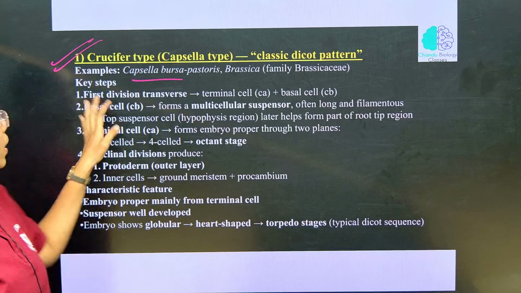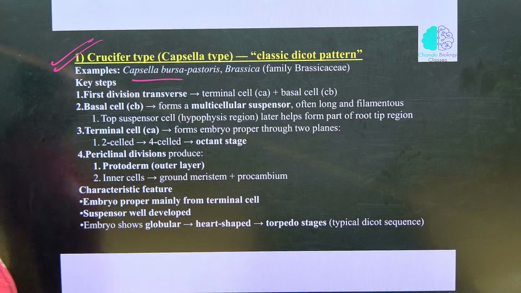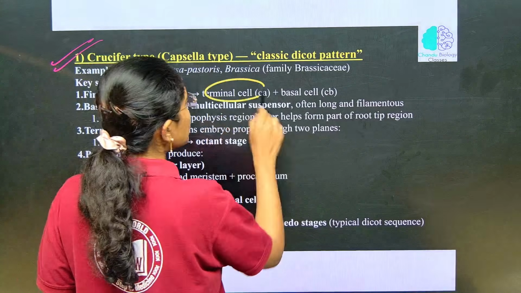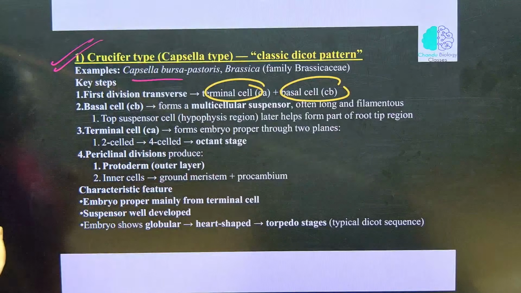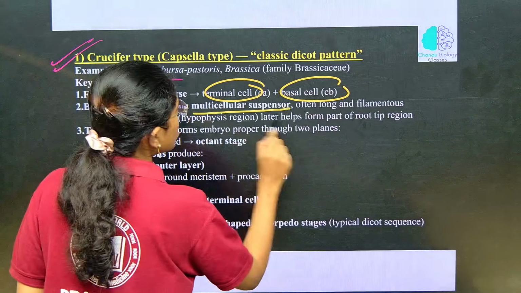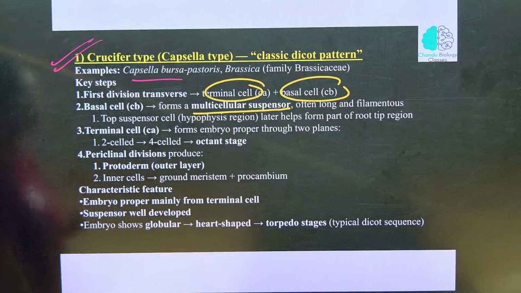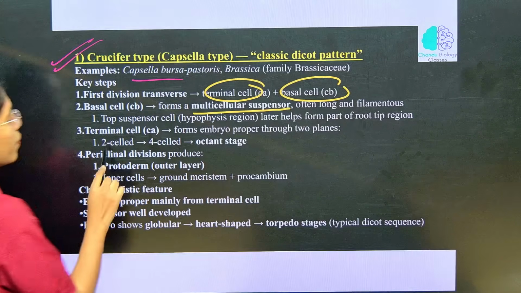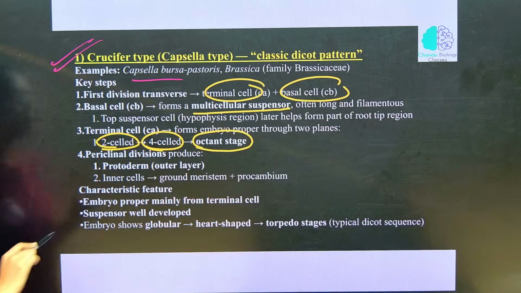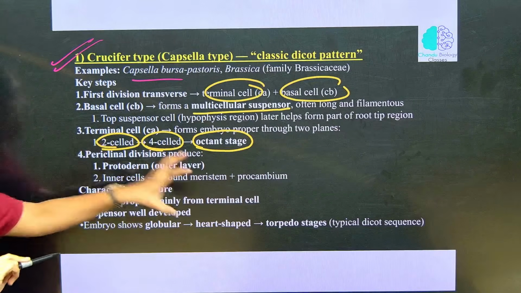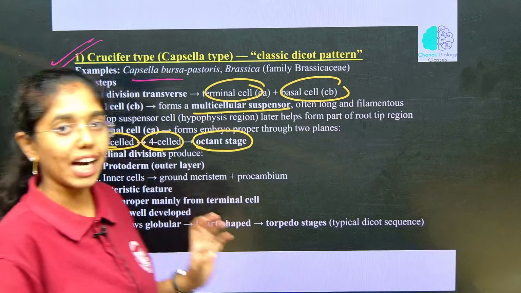Here you see first division is transverse division forming terminal cell and basal cell. This we have understood. Basal cell will be towards micropylar end, where this forms a multicellular suspensor, and the terminal cell divides in planes where 2-celled forms 4-celled condition. Later this leads to octant stage, further develops into globular embryo and heart shaped embryo.